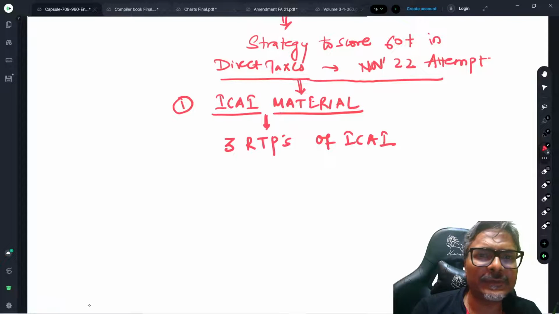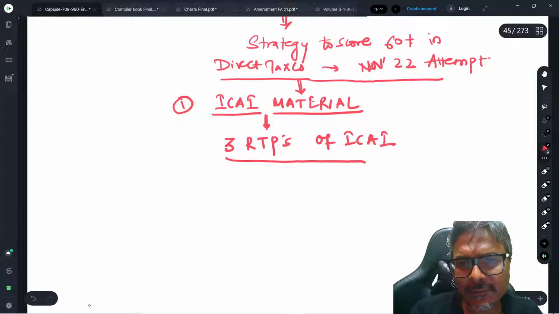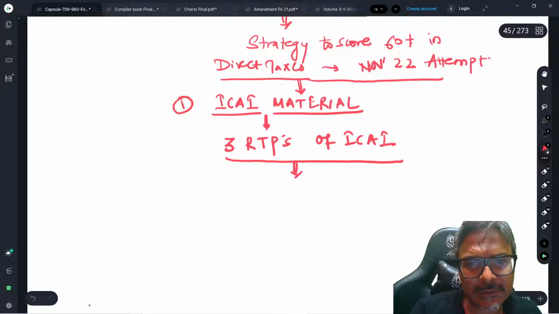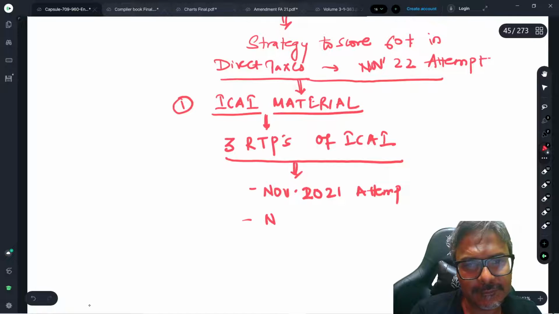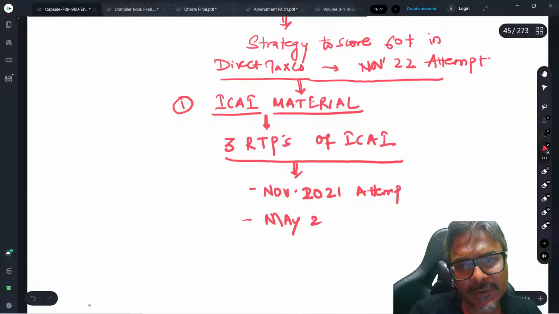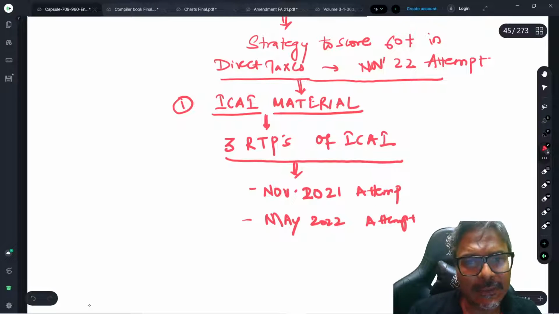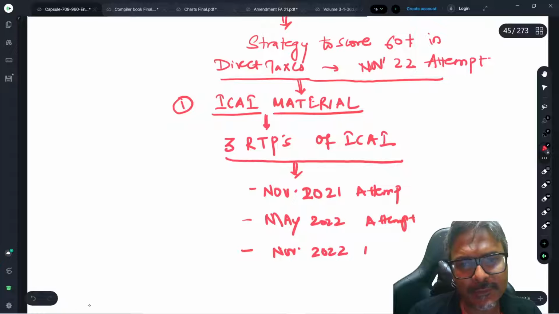These are the minimum thing which I'm just letting you know. Which are the 3 RTPs? November 2021 attempt RTP, May 2022 attempt and November 22 attempt. Students, this is something you have to do it without fail.